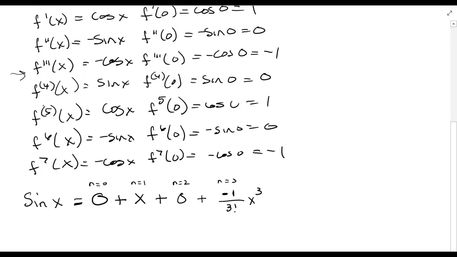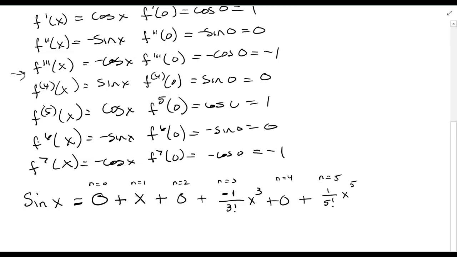All right. The next one's going to be 0 because it's going to be a sine. Now the 5th one, so this is n equaling 4, is another sine. The 5th one, well, that one's going to be cosine, which is 1 over 5 factorial x to the 5th.